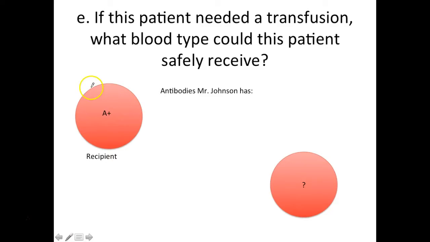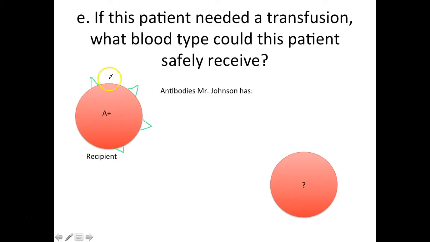So if we have our A positive blood, that means we have what antigens on this red blood cell? We are going to have the A antigens, yes. And what does the positive represent? That represents the Rh factor, the Rh antigen.